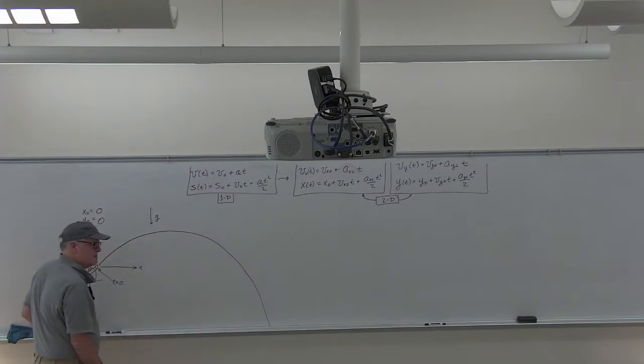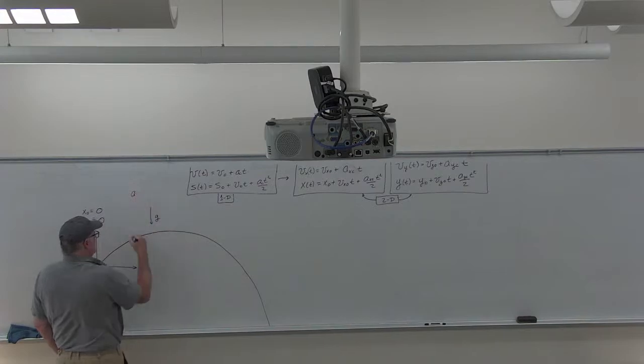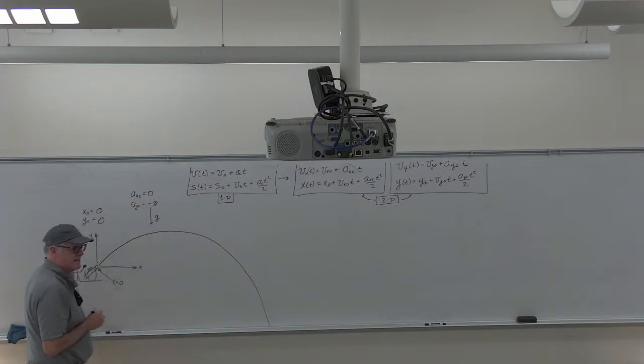So we're just going to use that. In that particular case, there's no gravity or anything pulling this to the right, so the constant x acceleration is nothing. The constant y acceleration is minus g.